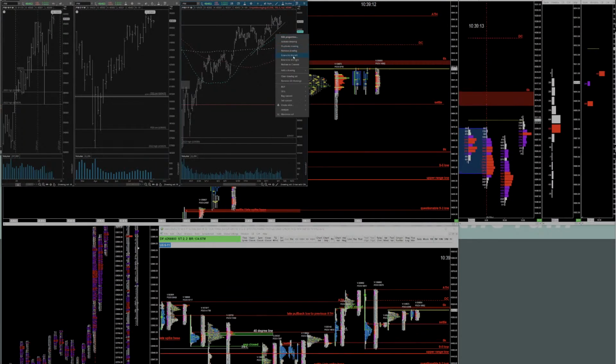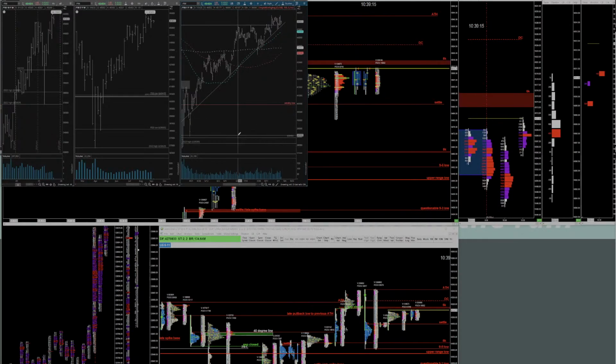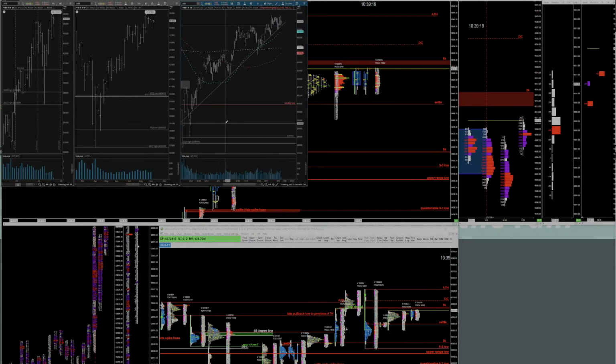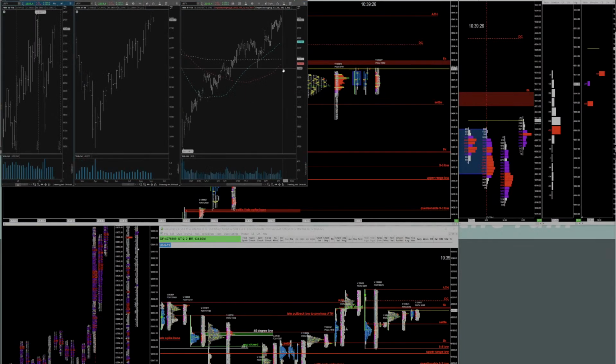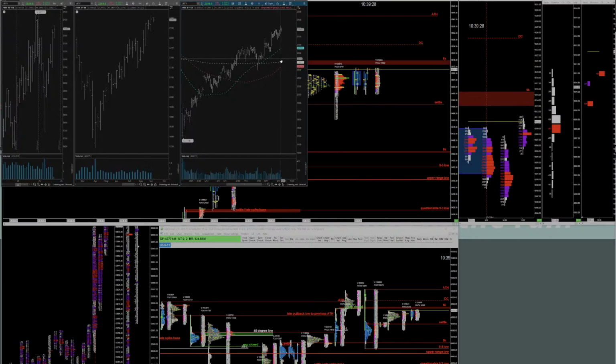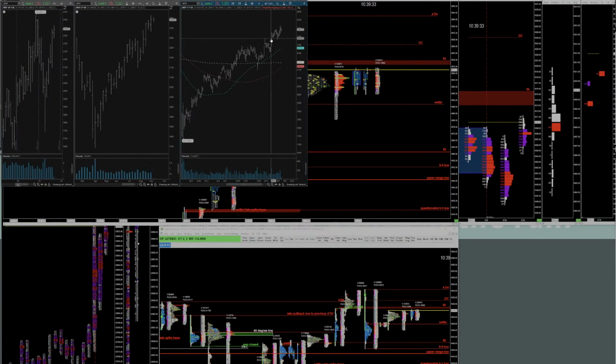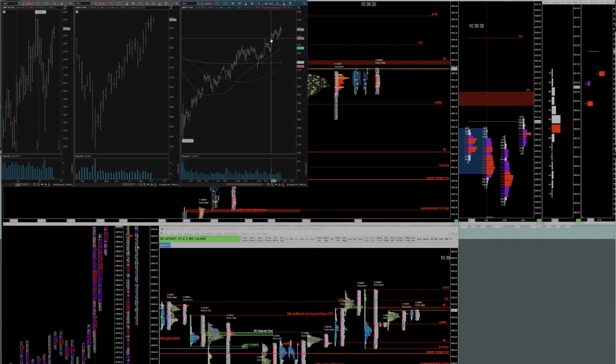If I extend this to the left, look at what we have. That's very questionable for me. What about Russell? Russell doesn't have too much impact on what the other ones do. It has a good high. It also has a good high. I would say from the three, the Russell is the weakest.